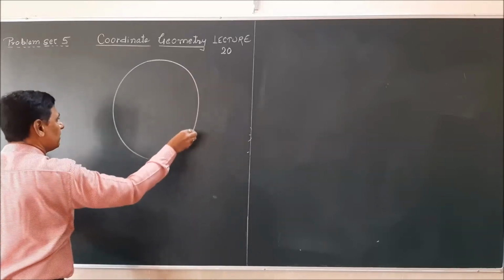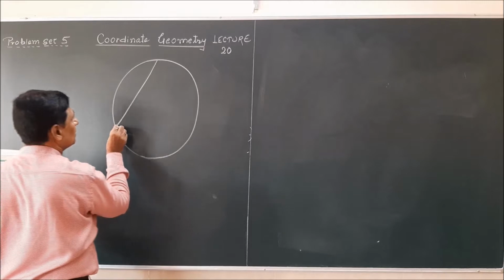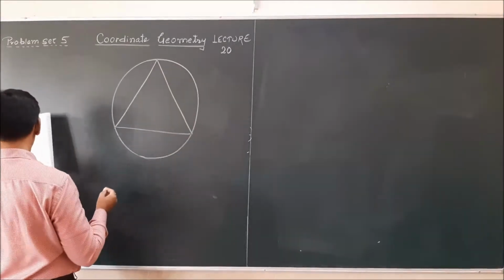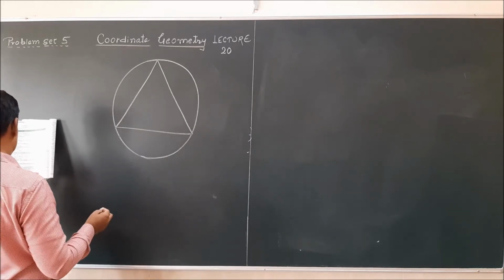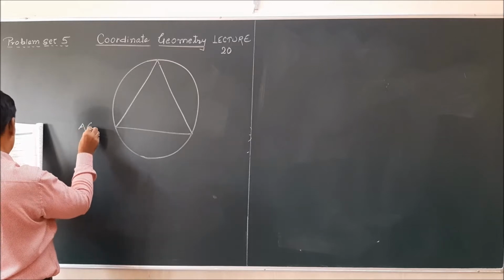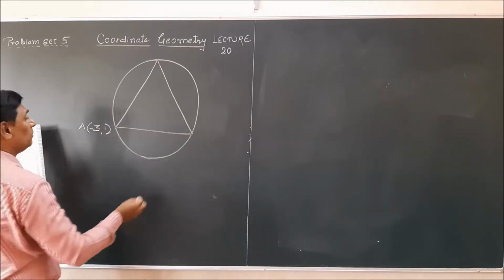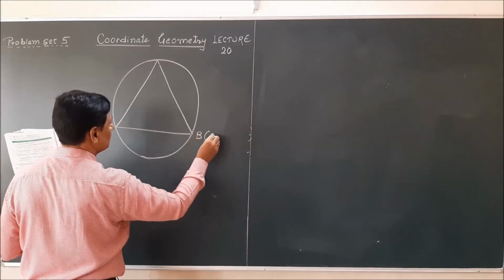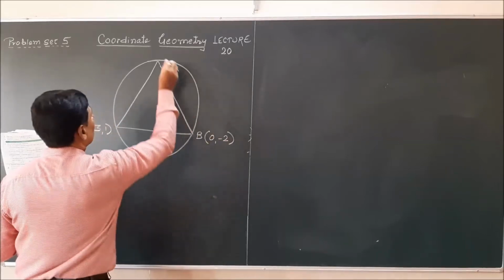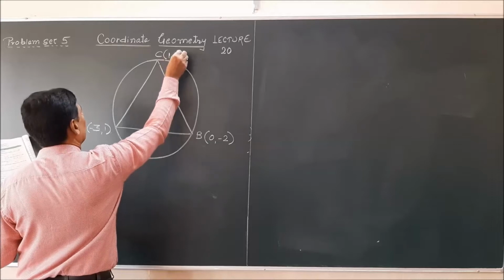Supposing I take the vertices of the triangle as A minus 3, 1, then B 0, minus 2, and I'll take the coordinates of C as 1, 3.